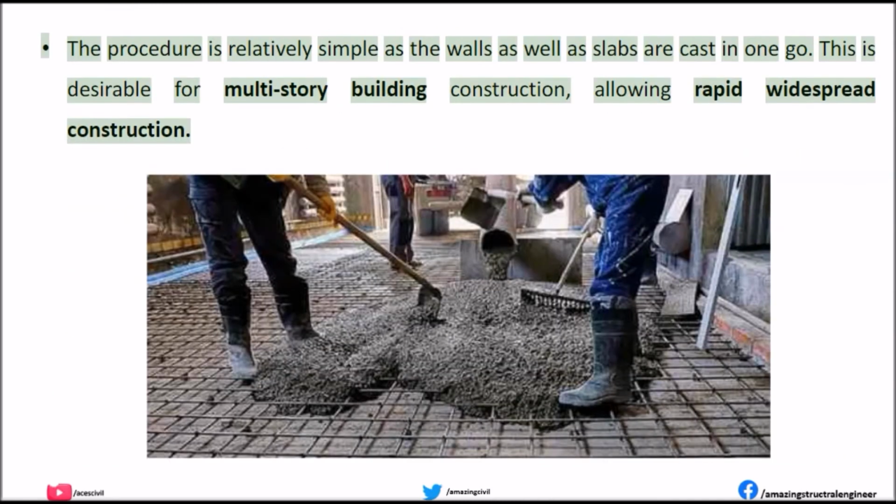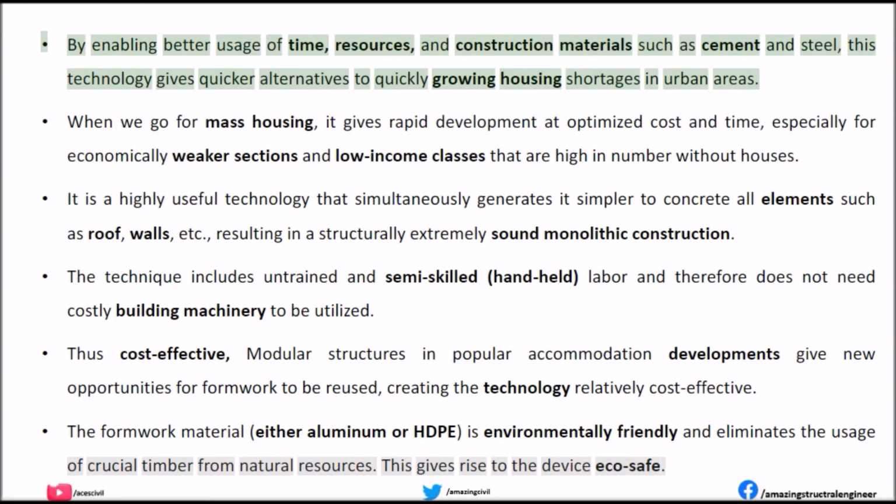The procedure is relatively simple as the walls as well as slabs are cast in one go. This is desirable for multi-story building construction, allowing rapid widespread construction. By enabling better usage of time, resources, and construction materials such as cement and steel, this technology gives quicker alternatives to quickly growing housing shortages in urban areas.